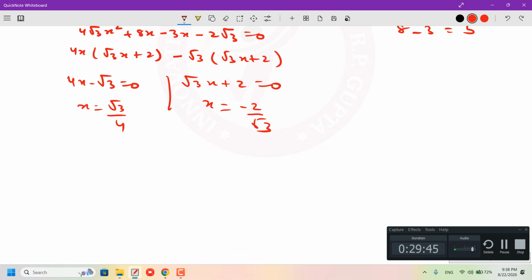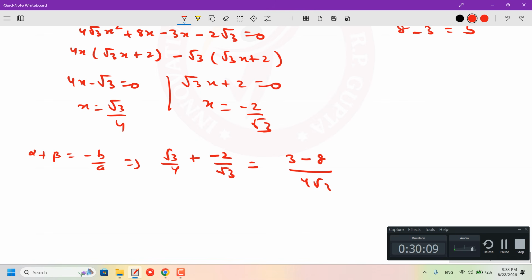Now sum of zeros alpha plus beta equals to minus b by a, which is root 3 by 4 plus minus 2 by root 3. So this will be 3 root 3 into root 3 3 minus 8 upon 4 root 3, that is minus 5 upon 4 root 3.